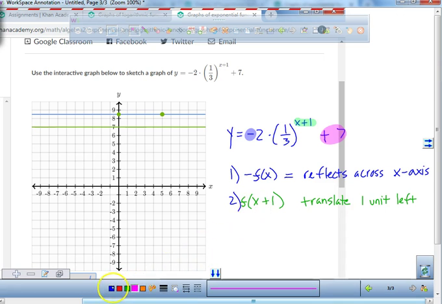And the last thing is number 3. F of x plus, I'm going to call it k. And our k value is a 7, so it translates everything up 7 units. So those are the 3 things that are happening in this.